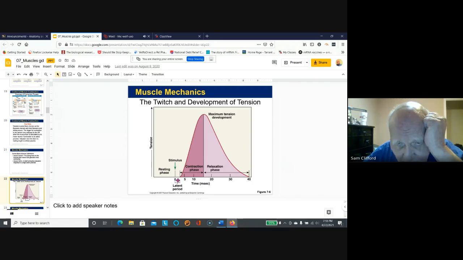There is a latent period where the muscle is at rest and has to be stimulated by acetylcholine to allow sodium to move into the muscle fiber. So this is a twitch, and as the actin slides to the middle of the sarcomere, we have contraction.